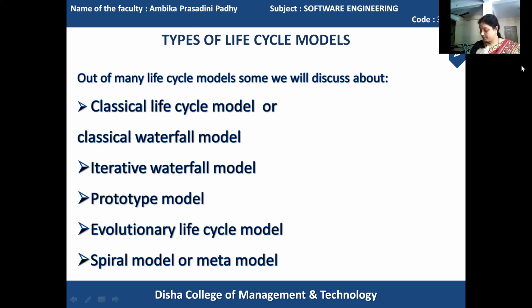And in the case of the evolutionary life cycle model, you can think about solving large problems by dividing the problem into several parts or modules and developing each and every module individually. After that, you can implement the combined feature of all the modules at last.